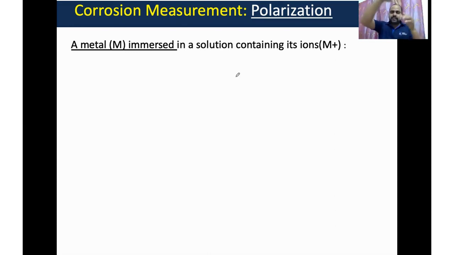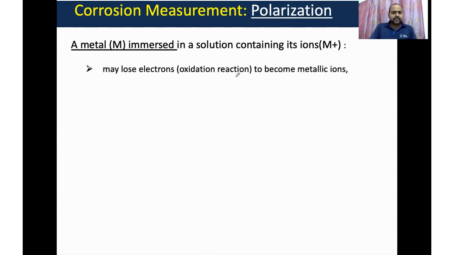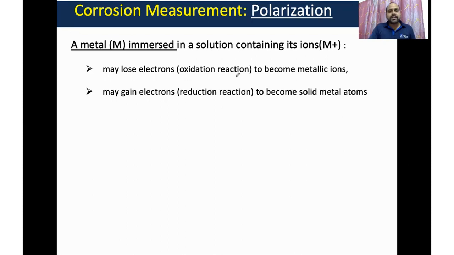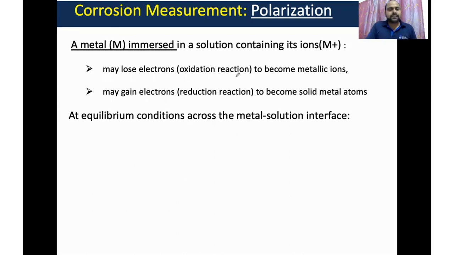You have a metal immersed in an electrolyte or a solution. What will happen? The metal loses electrons to become a metallic ion, right? Oxidation will take place. Similarly, if there is metal ion in the solution and another electrode, so there are two electrodes, anode and cathode, then there will be deposition of metal, a gain of electrons to become solid metal atoms.